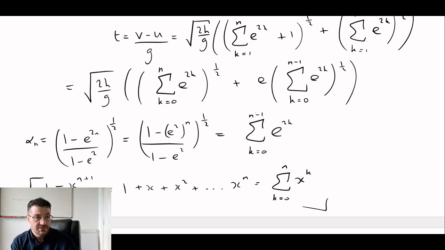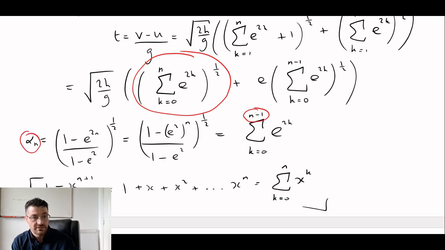Okay? So this formula here is, well, actually including the half as well, so let's just make that a bit clear. This formula here is effectively alpha n plus 1. Notice that alpha n and n minus 1 here.